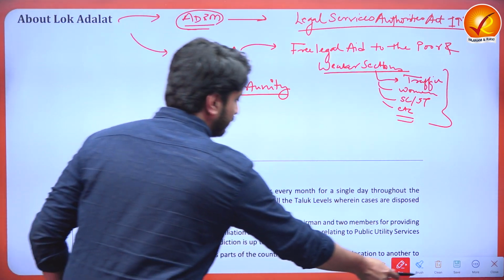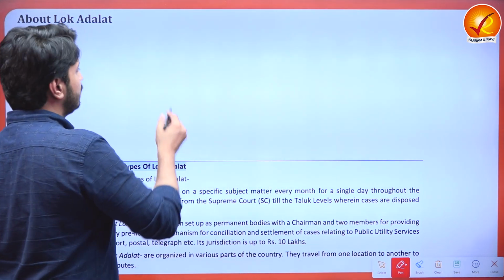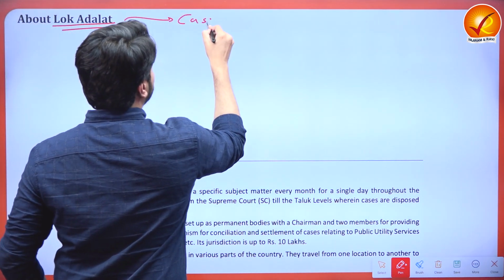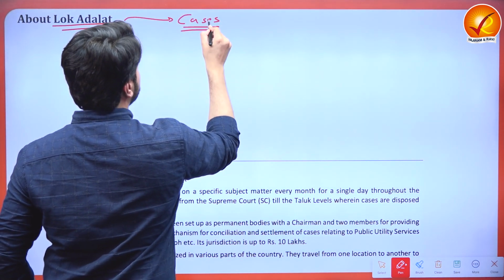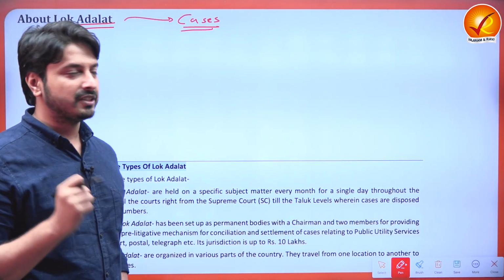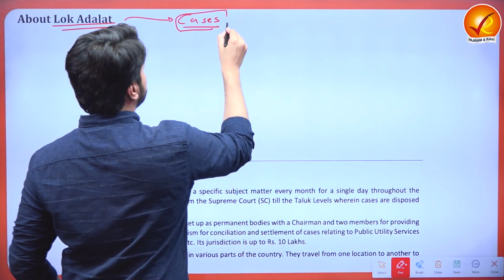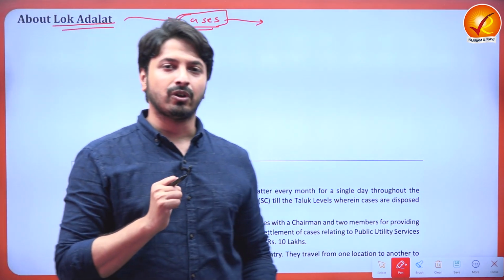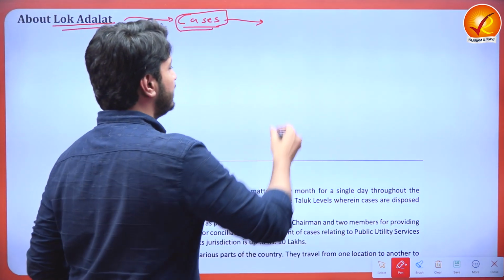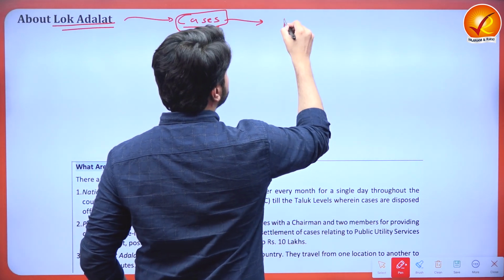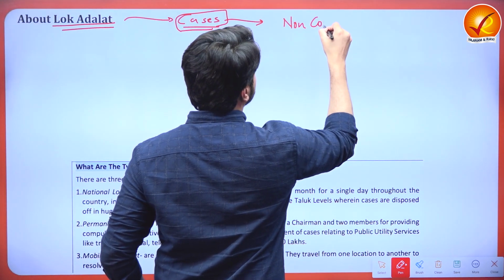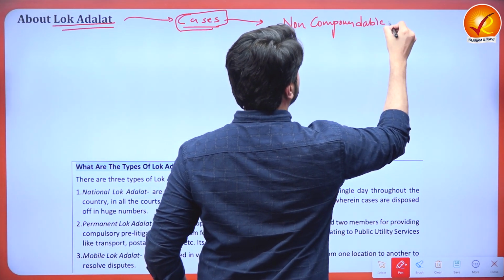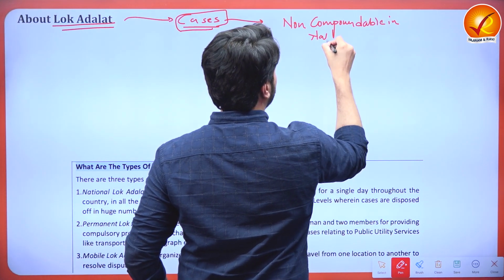So in providing dispute resolution by way of Lok Adalat, what kind of cases can the Lok Adalat put under its jurisdiction? The cases available under the jurisdiction provided by the Legal Services Authorities Act of 1986 are offences which are compoundable in nature. What do we mean by non-compoundable?